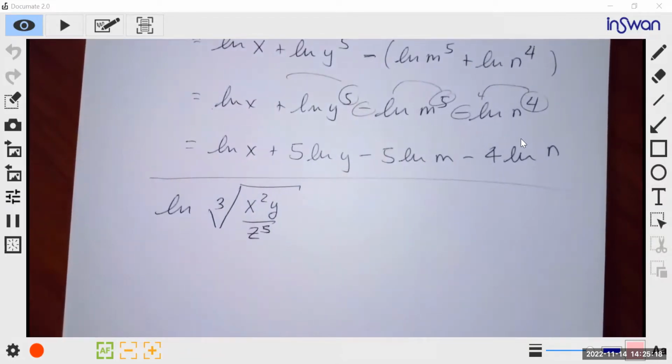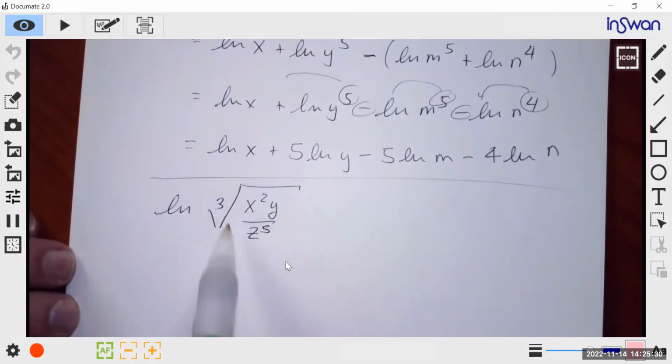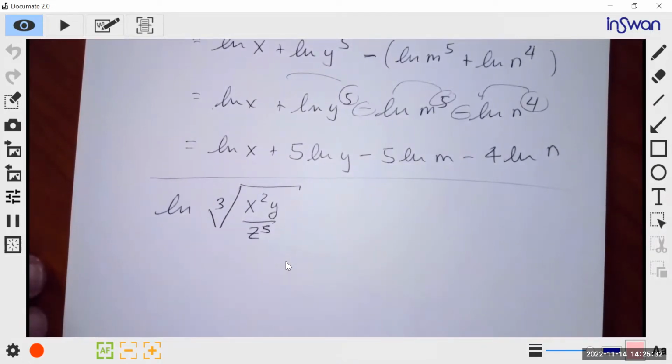How about that one? There's a problem with that square root, isn't it? How do we get rid of that square root?